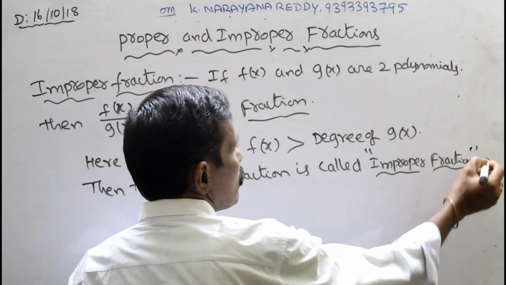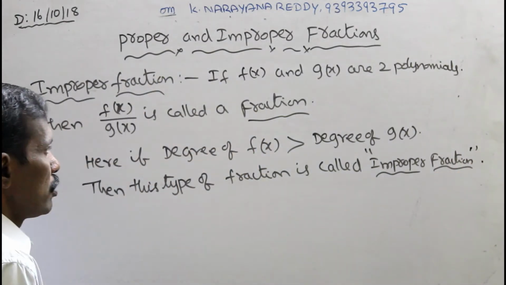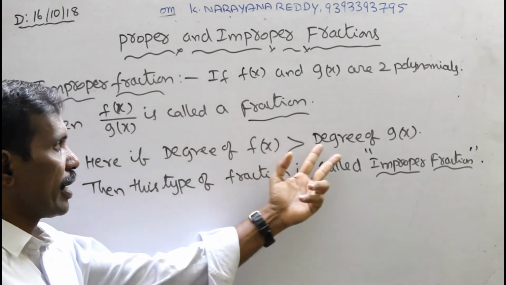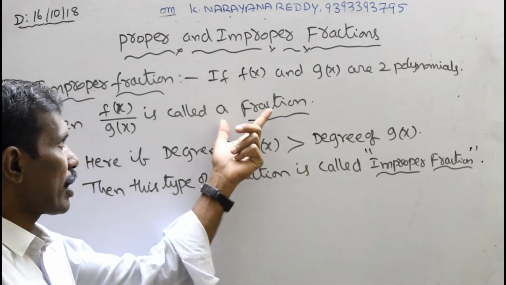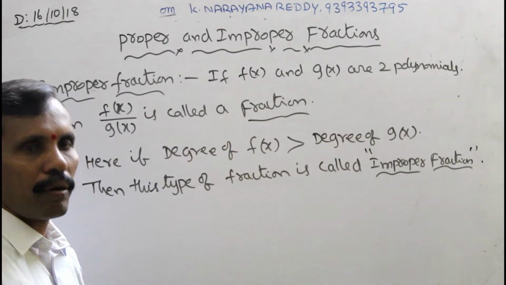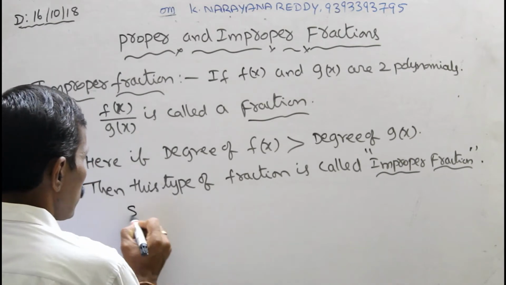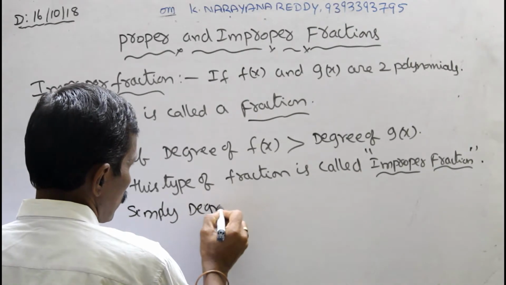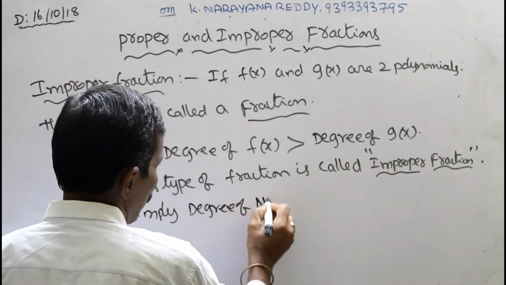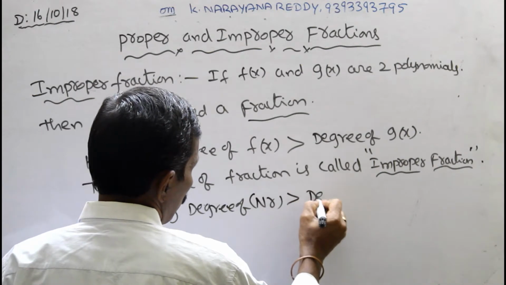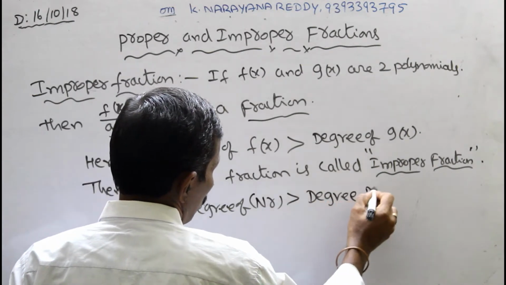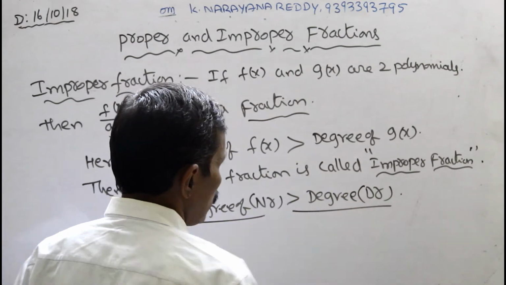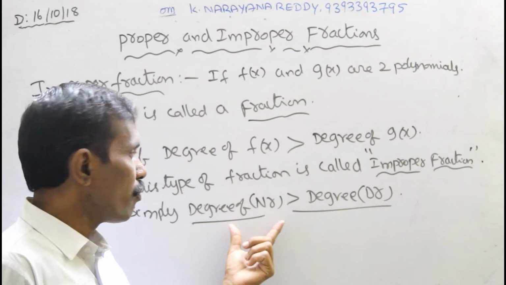See, dear friends, degree of f of x greater than degree of g of x. This type of fraction is called an improper fraction. Simply, the degree of the numerator greater than the degree of the denominator. That's all. This is called an improper fraction.